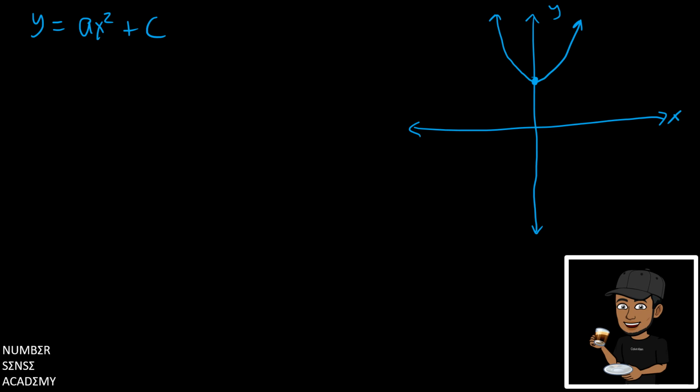In this case, there is no x-intercept, right? This does not touch the x-axis; it is away from it. So there's a rule there. Let's write that down.